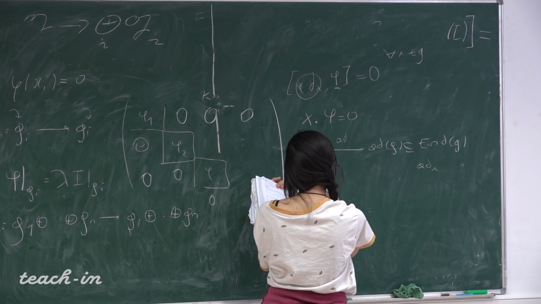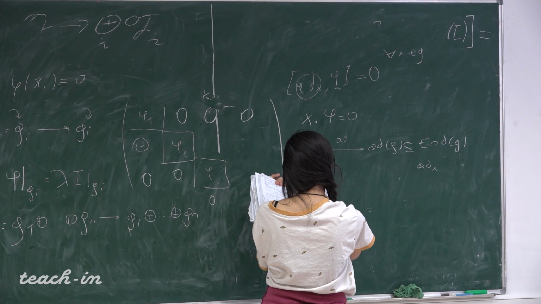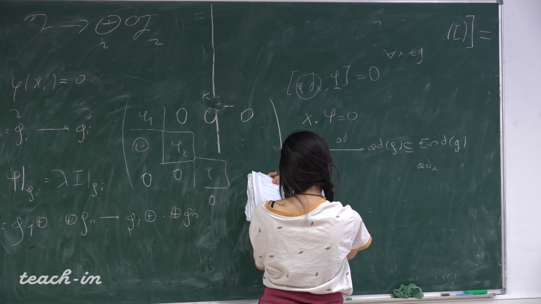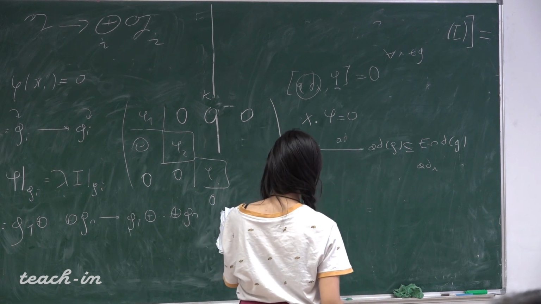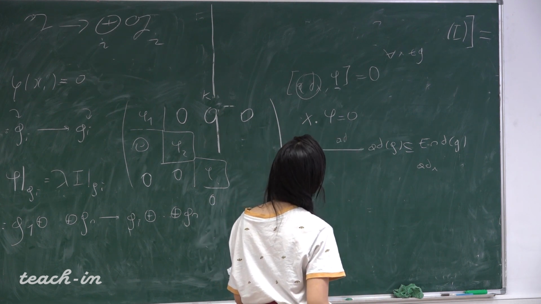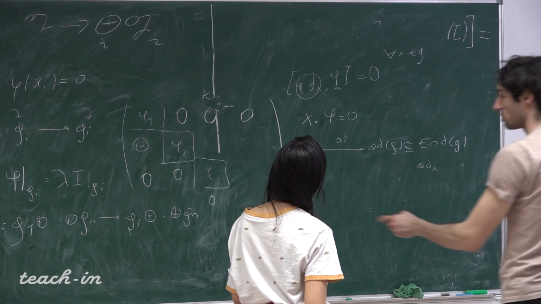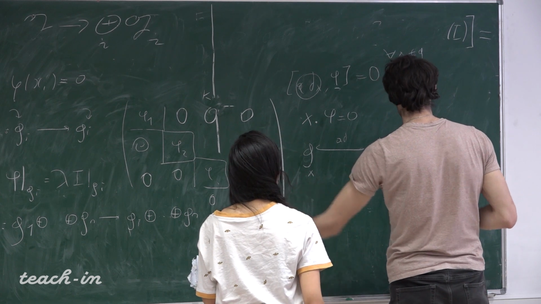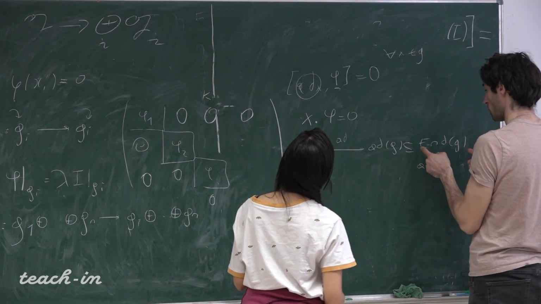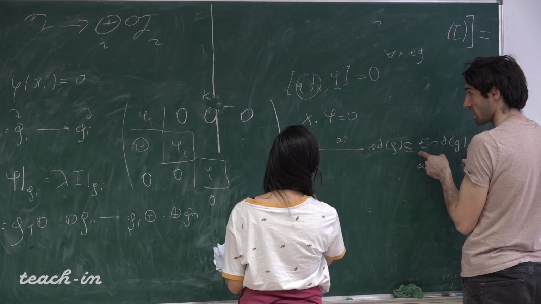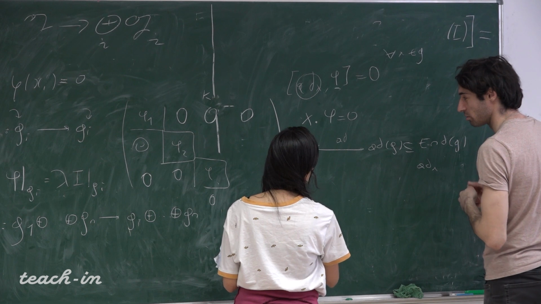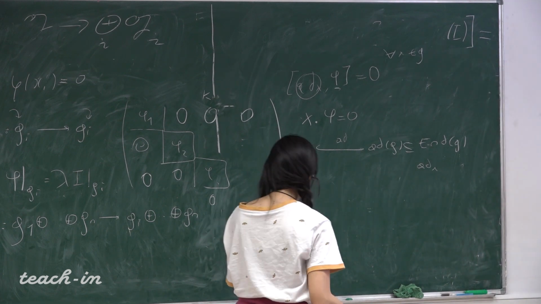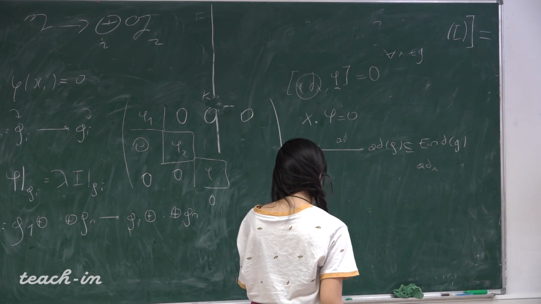So you're saying that all the homomorphisms that we would like to describe form a subset in here, such that this happens. But this is exactly our definition of the centralizer. Yes, I agree. So this is the centralizer.